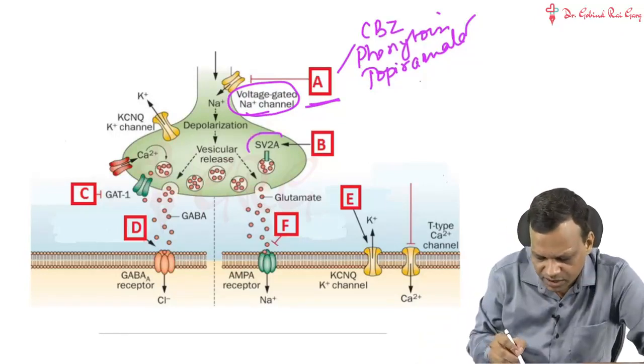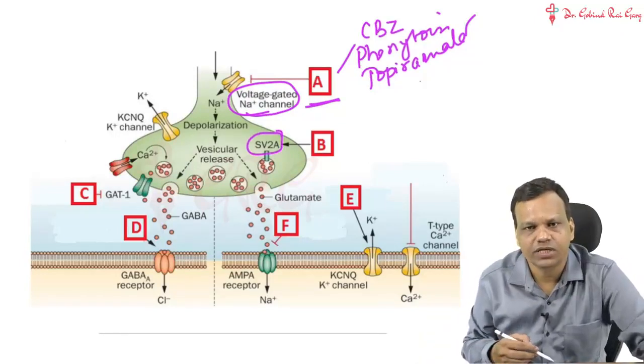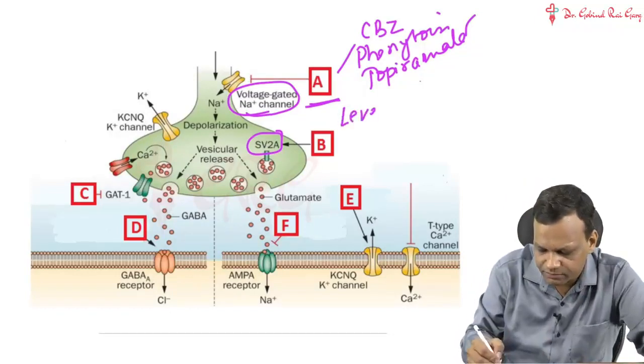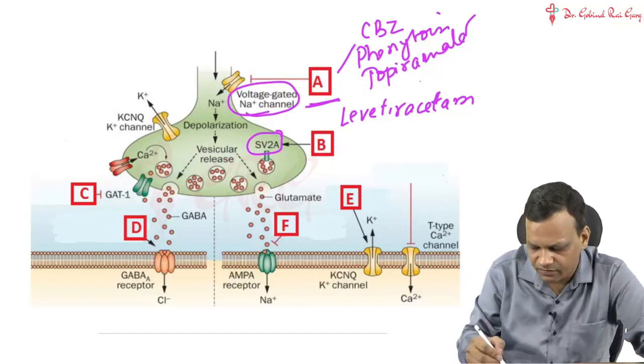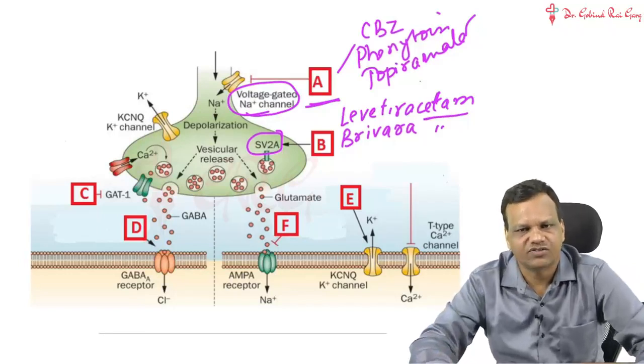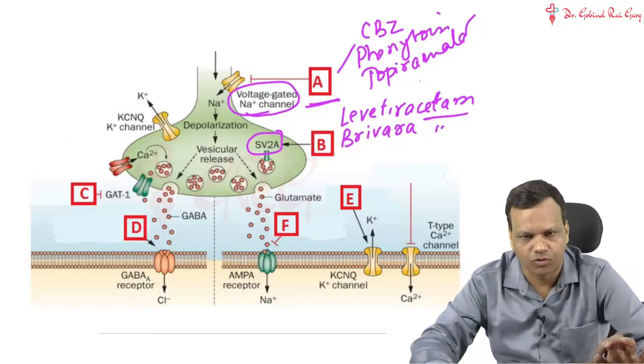Then which drug acts on SV2A? Yes, levetiracetam. Levetiracetam binds to SV2A, and we have a new drug in this category called brivaracetam. Brivaracetam acts on SV2A, synaptic vesicular protein.